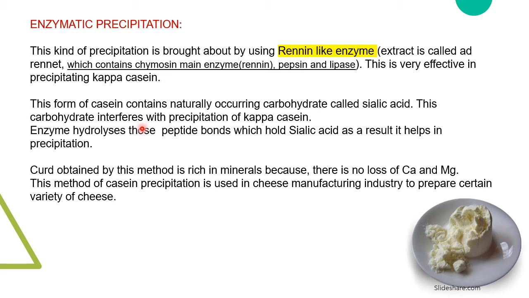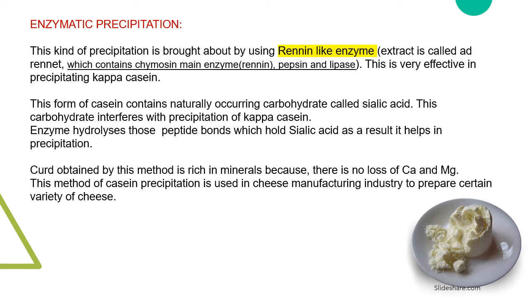This carbohydrate interferes with the precipitation of kappa casein. The enzyme, renin, hydrolyzes the peptide bonds which hold sialic acid. As a result, it helps in the precipitation of casein. Curd obtained by this method is rich in minerals because there is no loss of calcium and magnesium. This method of casein precipitation is used in the cheese manufacturing industry to prepare certain varieties of cheese.